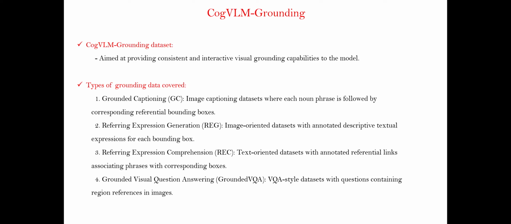Similarly, there is another type, referring expression comprehension. These are text-oriented datasets with annotated referential links associating phrases with the corresponding bounding boxes. The next one is grounded VQA, VQA-style datasets where the questions are with respect to certain regions in the image.